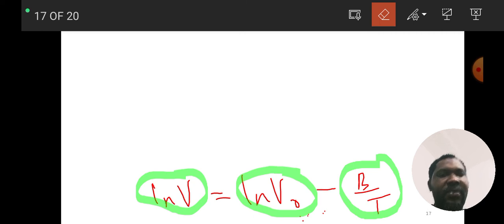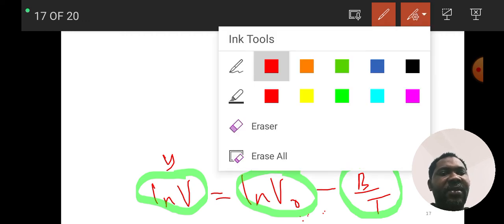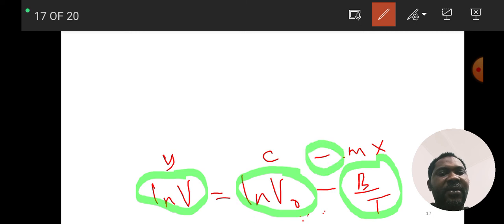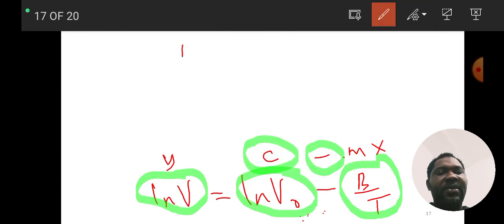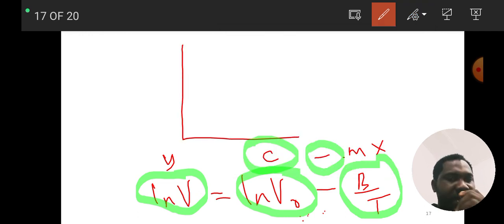We can now say that ln v is our y, ln v naught is c, minus b over t means minus mx. So what does this mean? It means we have a negative slope, but we have a positive intercept. Okay, so what is our graph going to look like? Our graph is going to look like this. It's a straight line graph. The slope is negative, positive intercept.